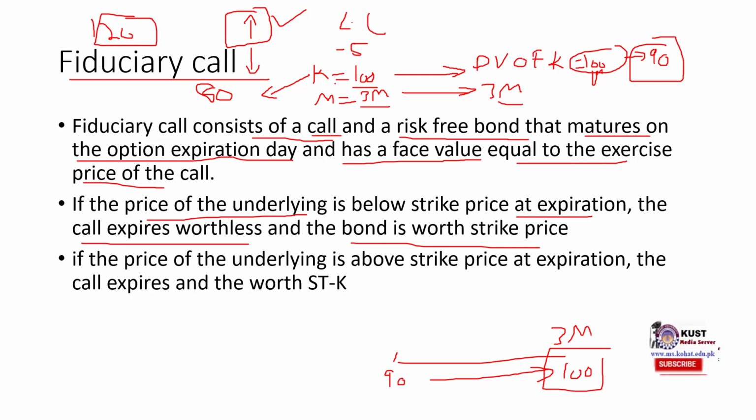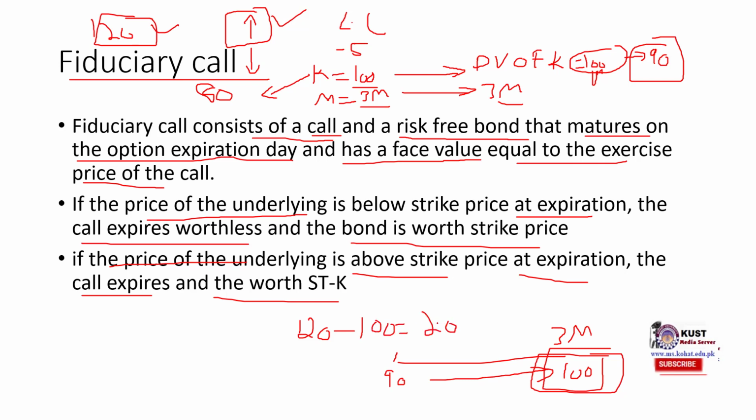So you get a profit of 20, and then you would get the strike price when the bond matures. If the price of the underlying is above the strike price at expiration, the worth of the call would be the future spot price minus the strike price. So the worth of this call would be 120 minus 100, which is 20.